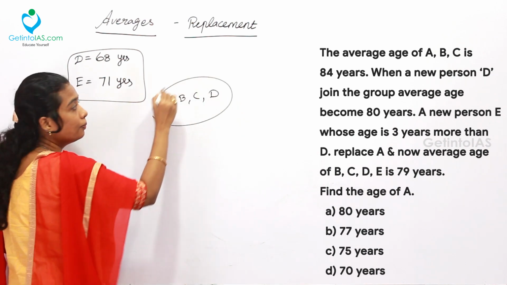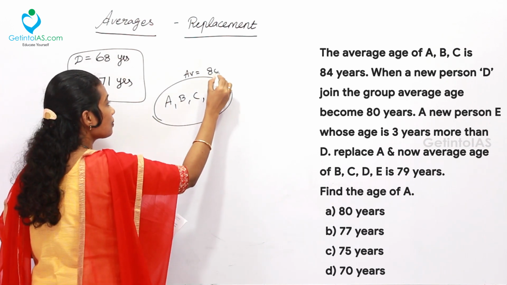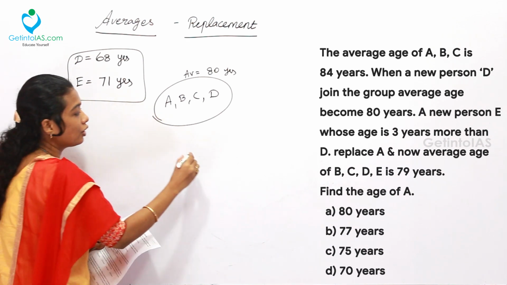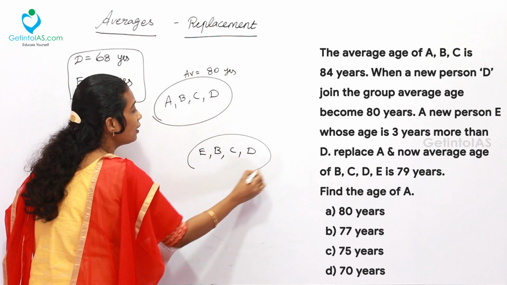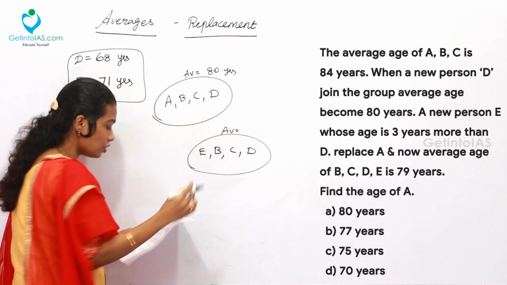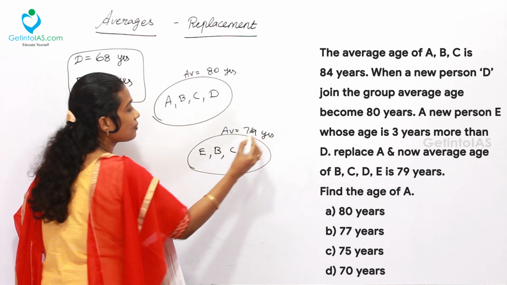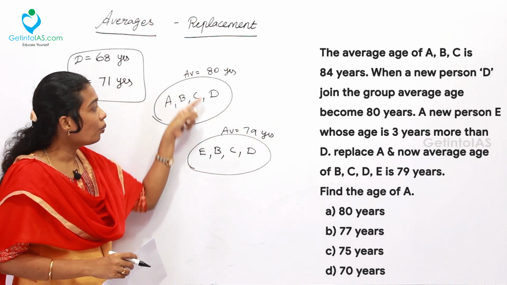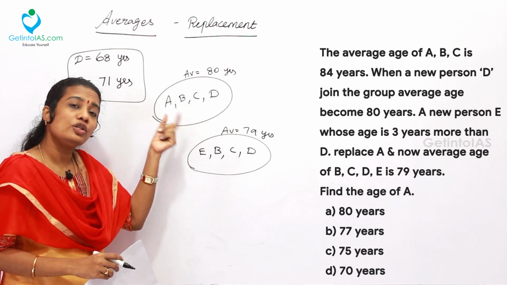So initially A, B, C, D, where in the group the average was 80 years. When this E is replacing A, so E, B, C, D, now the average is what actually? 79 years. So here you could draw the statement: the average is decreased by 1 year.